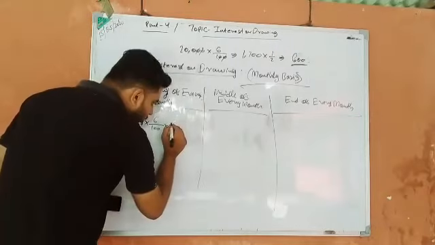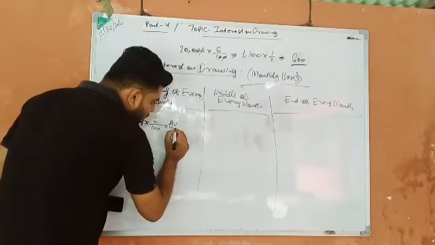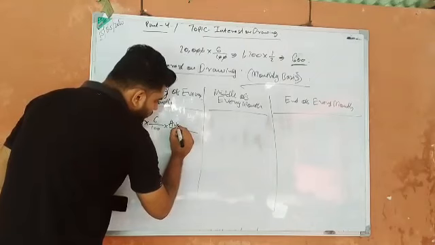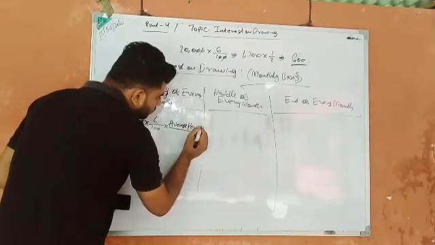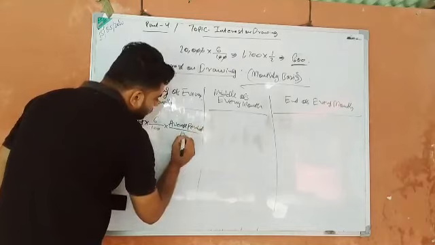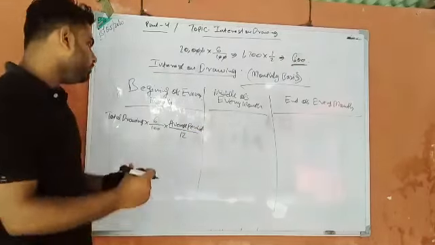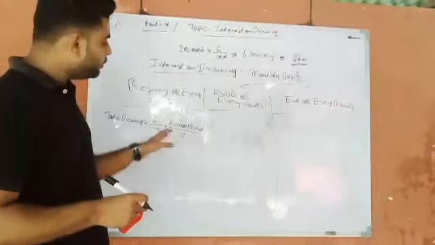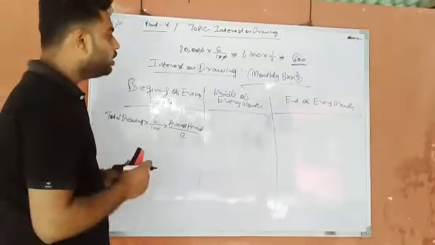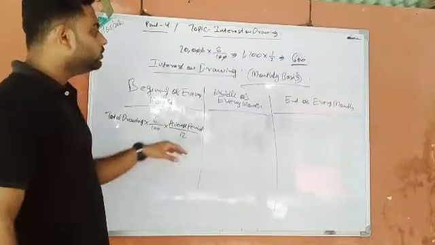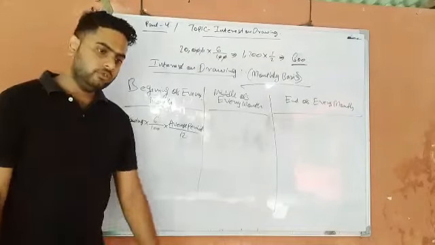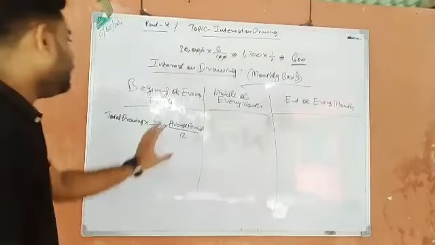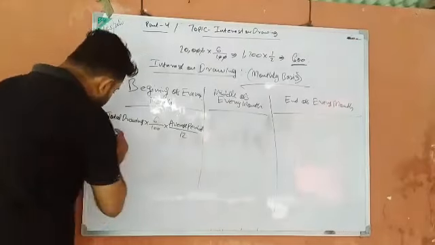We have to calculate average period, by 12, the 12 months should be there. This average period calculation, you must know how it is being done. If you know this, the interest on drawing will be very simple for you. How to calculate this average period? This is a very important part.